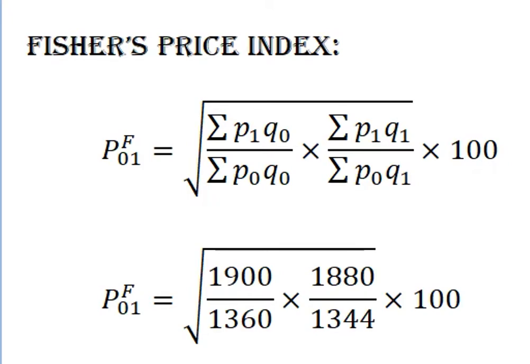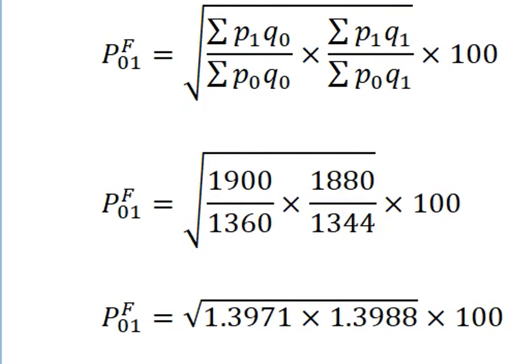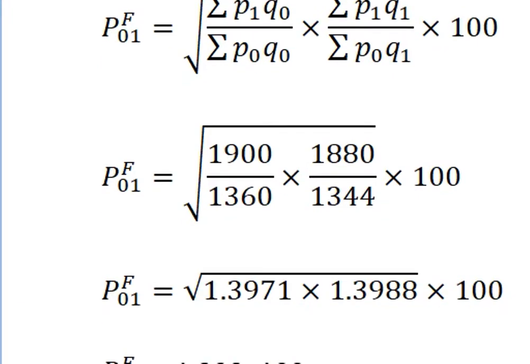I have rounded off and stopped at 3 digits after decimal point, into 100. Then in the next step just multiply this by 100. How much you will get? 1.398 into 100 is 139.8. So this is the answer.